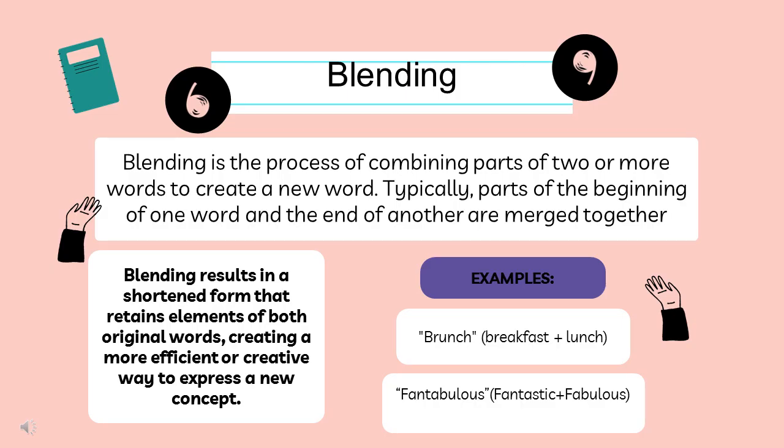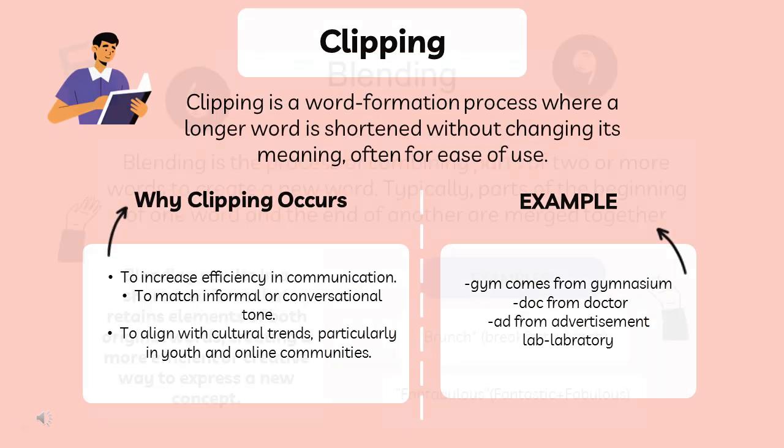Like the word brunch. It originally comes from breakfast and lunch, and when they are blended together, they give us a new term called brunch. Also fantabulous, fantastic plus fabulous, and it becomes fantabulous.